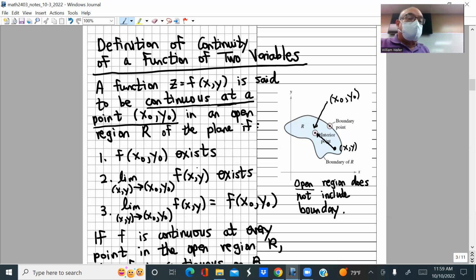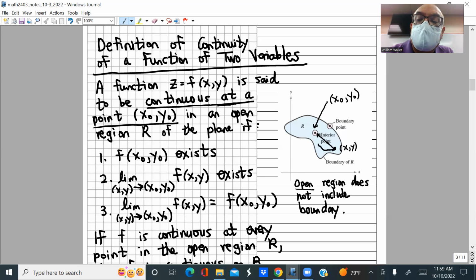Now, what's a little bit tricky about this line 2 is we're in two dimensions here, because here we are in the XY plane. So how can you let your inputs approach this point x sub 0, y sub 0? I drew one picture here of an approach, but notice you could have let the approach come from lots of different directions.